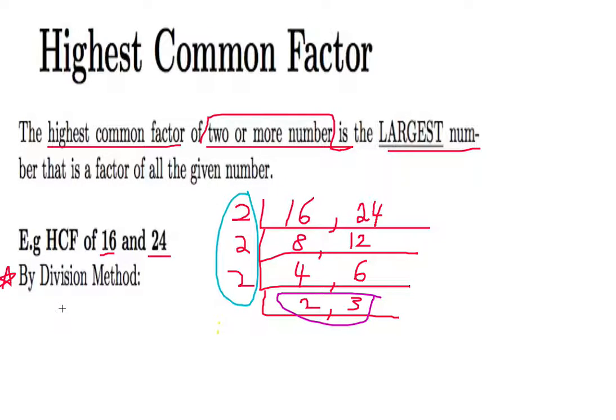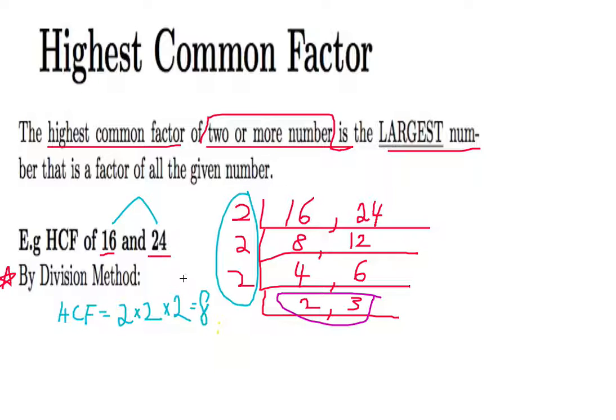Therefore the highest common factor is 2 times 2 times 2, which gives you 8. So this is the largest number that is a common factor of these two. So 16 and 24 have the highest common factor 8. Basically 16 can be divided by 8, and 24 can be divided by 8, and that's the largest number that can divide both.